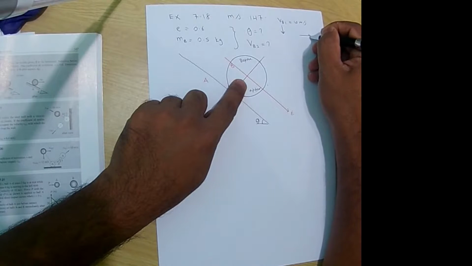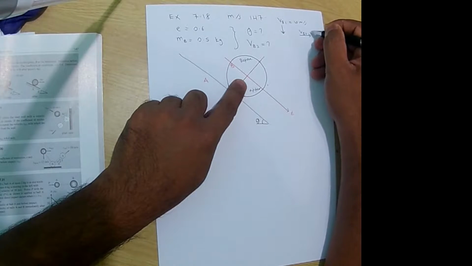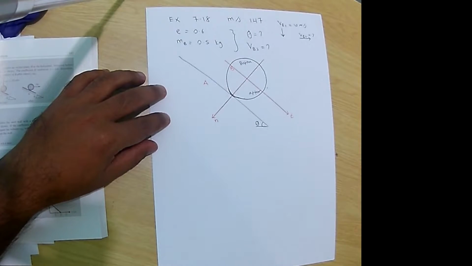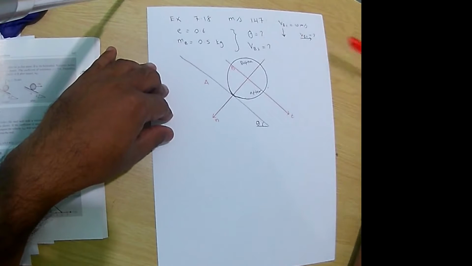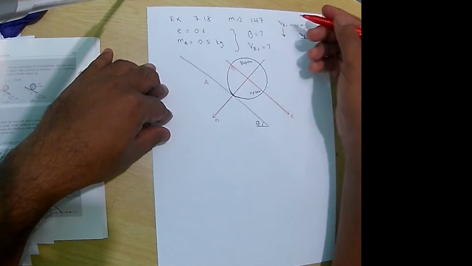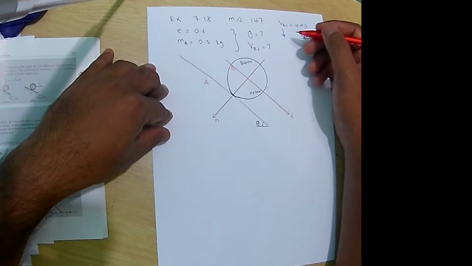The other one is this one, VB2, which we didn't know. If I resolve VB1 and VB2 into the N and T axes, we have the T and N axes.